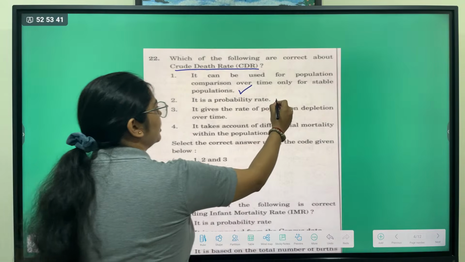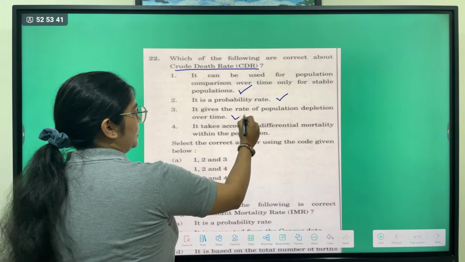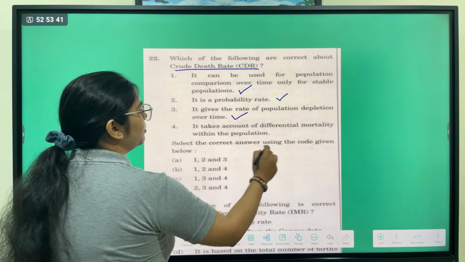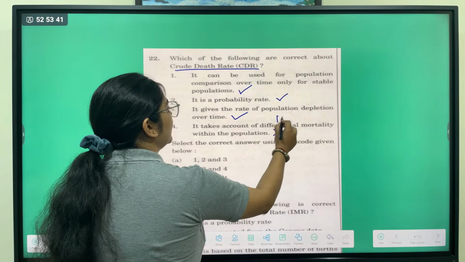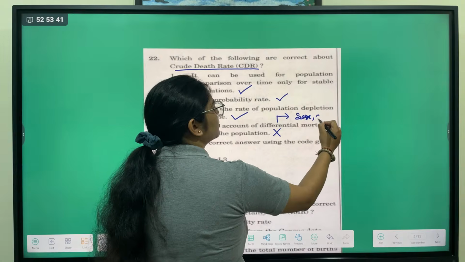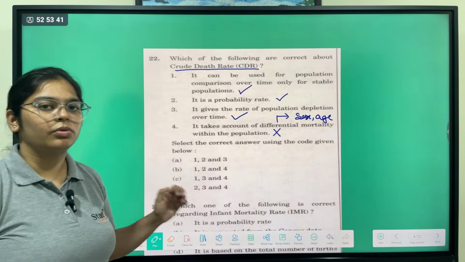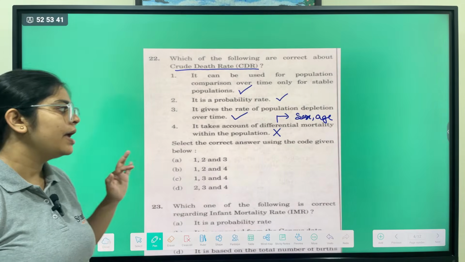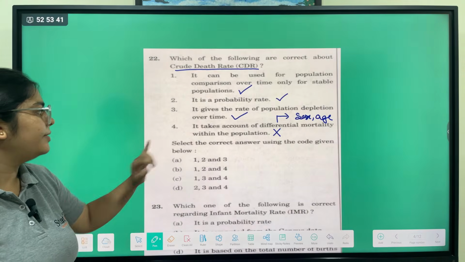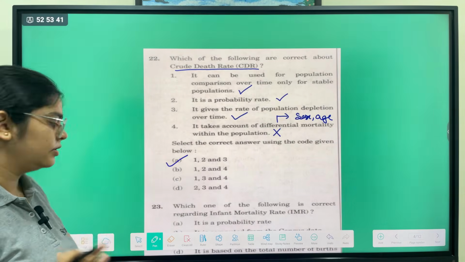It is a population rate. Yes, that is true. It gives the rate of population depletion over time. Yes, that is also true. It takes account of differential mortality within the population. No. Differential mortality means it considers sex and age, which is not true regarding the crude death rate because it only considers the total population, and hence option number 4 is wrong, which states that 1, 2, and 3 are correct, and hence option number A is the correct option for this question.